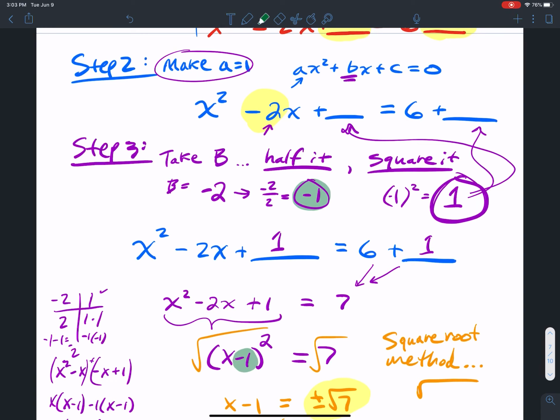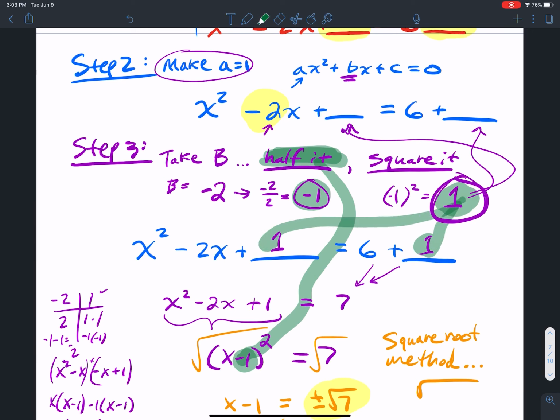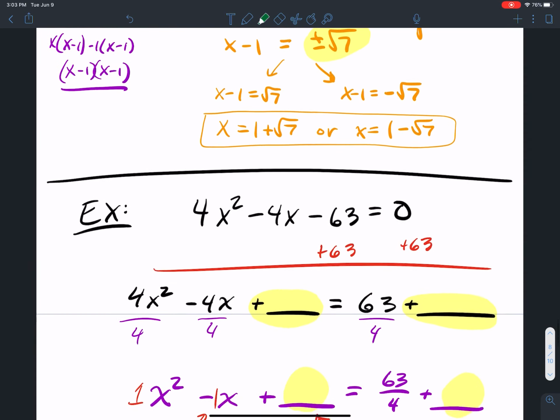It popped back up in the parentheses. So as soon as you half it, that's what goes in the parentheses. The squaring it, that's what goes into the blanks. Okay, so both of those things have information in it that are useful to us.